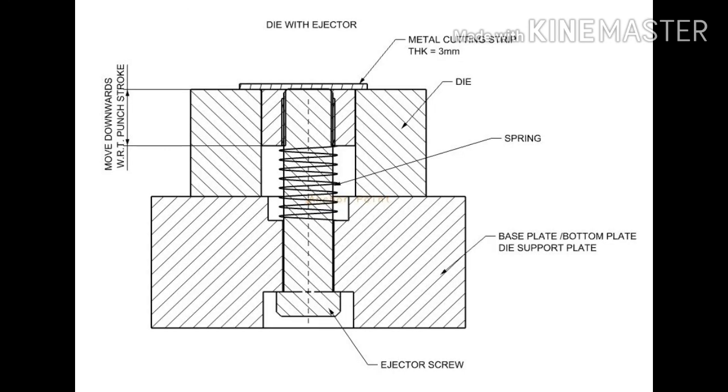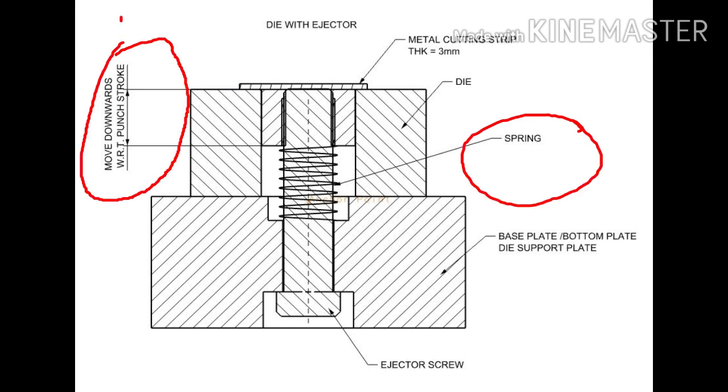There are some dies having an ejector system. In that system no angular clearance is required because we are providing a spring. You can see in the diagram, after cutting, the material becomes cut, and the spring back action applies.